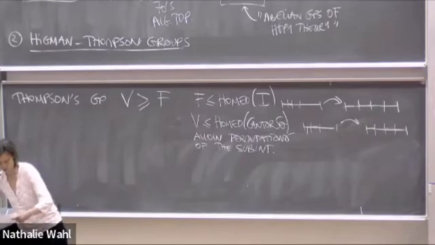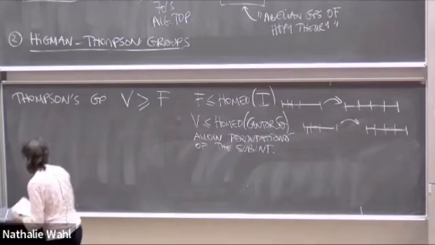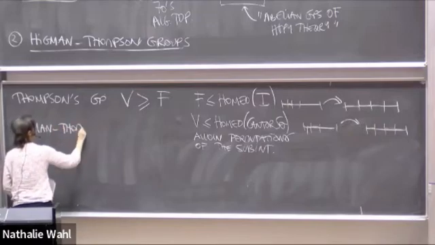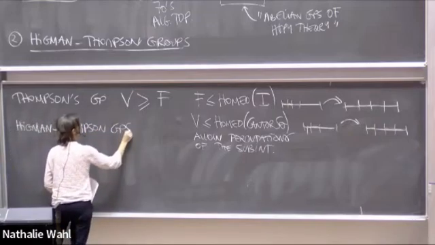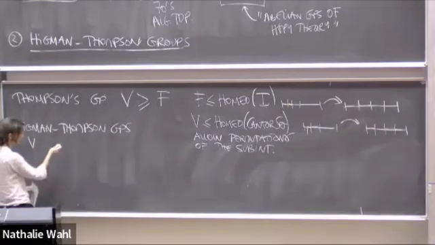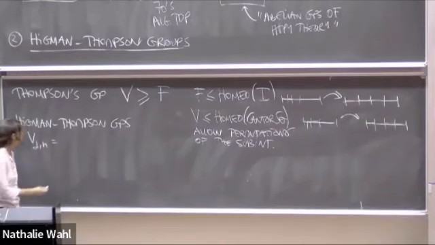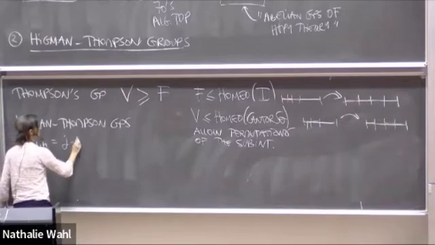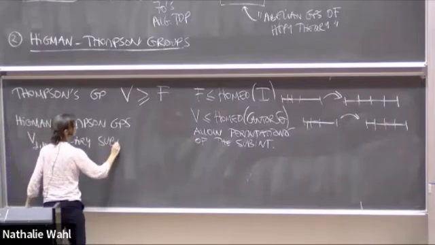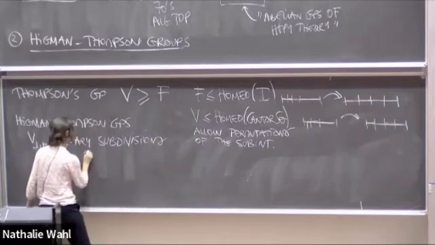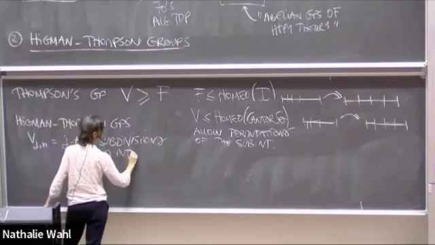So those are the groups F and V, and then the Higman-Thompson groups are a 2-parameter family of groups, V_{j,n}, and this is doing the same definitions, but we will take j-ary subdivisions of n intervals.